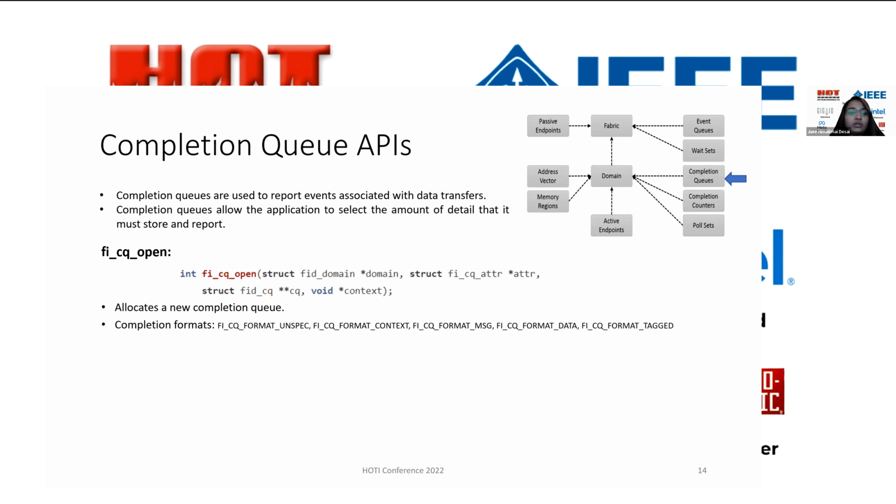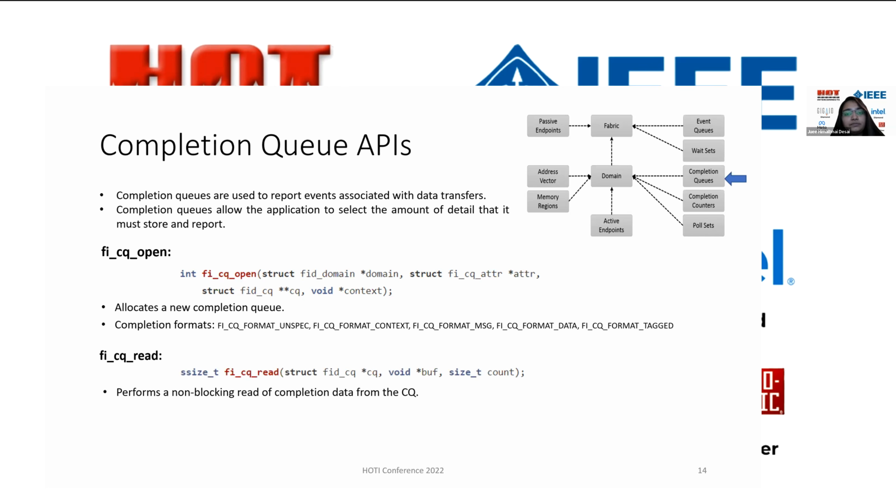And there are 5 choices: unspecified, context, message, data, and tagged. Now, to read all of the completion details, there is a straightforward fi_cq_read call, which is again a non-blocking call. Completions are written into the buf parameter, and the count parameter indicates the number of CQ entries.